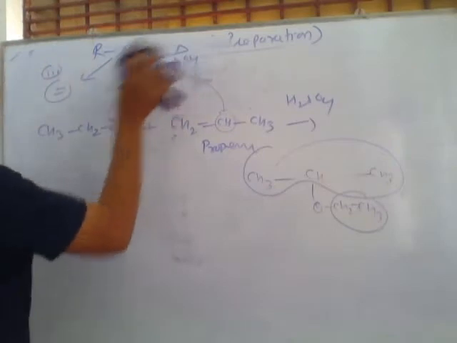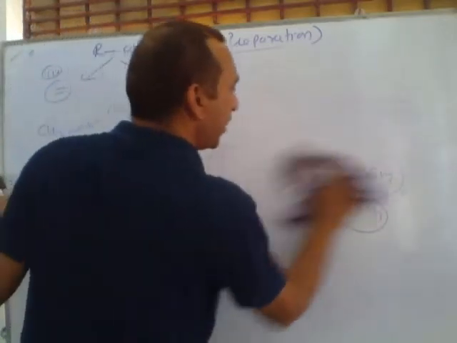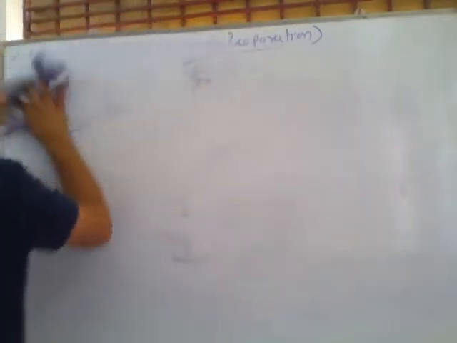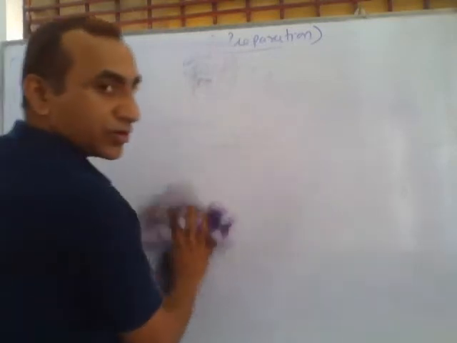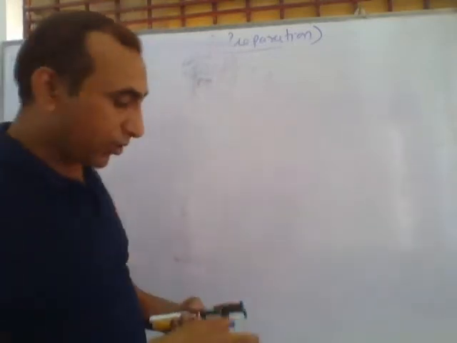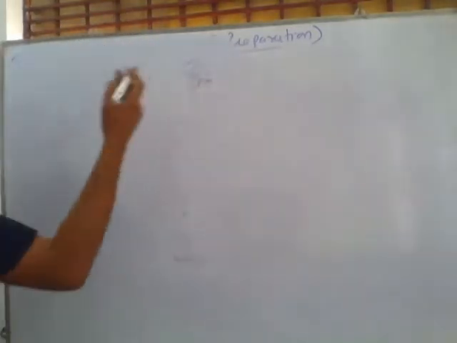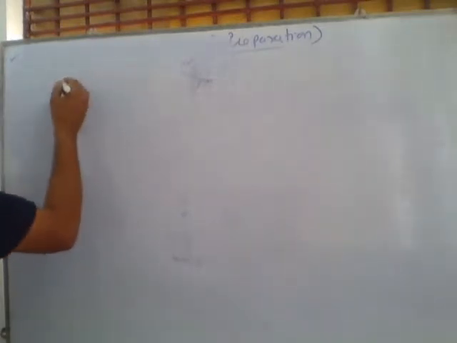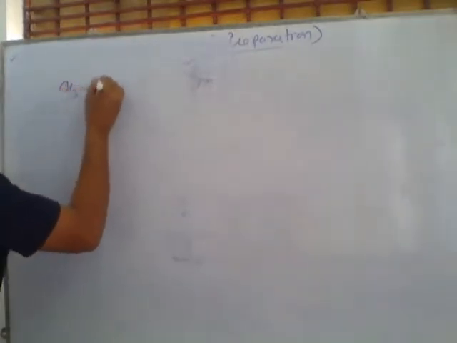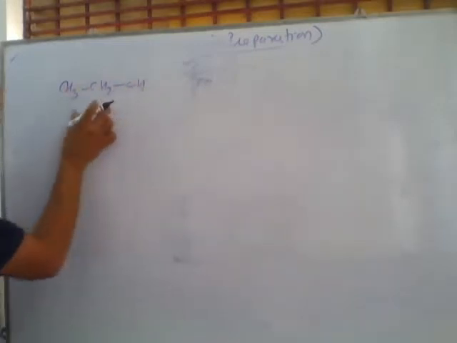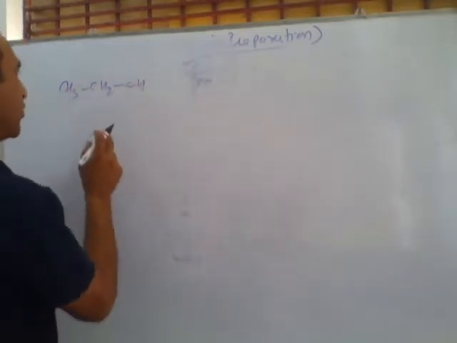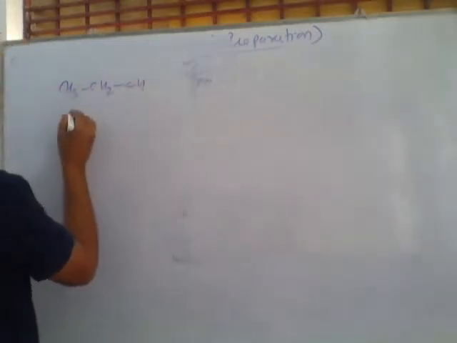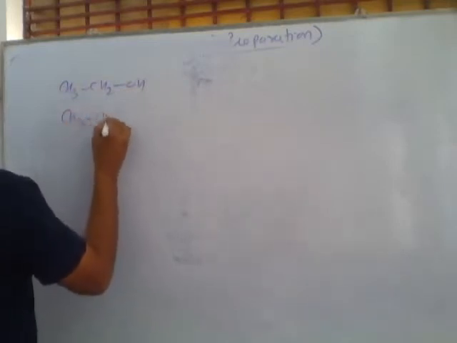So the last is what happens when alcohol is heated in the presence of sulfuric acid. Alcohol, listen, alcohol. CH3, this is alcohol, and I am using 2 molecules of alcohol, CH3CH2.